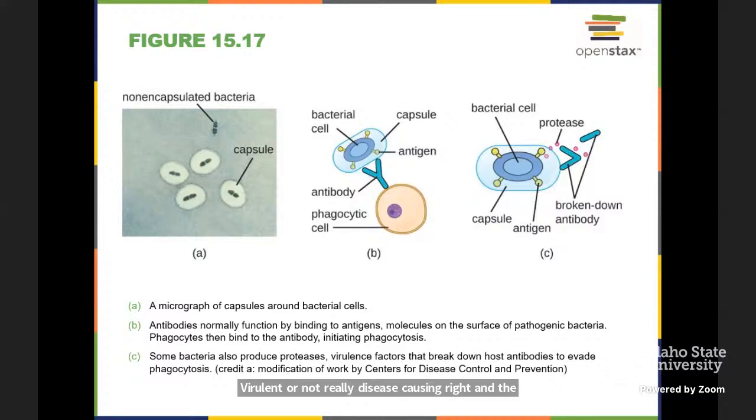And in turn, that shell around them hides them from the immune cells and gives them the opportunity to proliferate and cause issues. The non-encapsulated are open and available for the immune response to recognize and destroy before they ever have an opportunity to do anything in the first place. All right. So this causes issues.